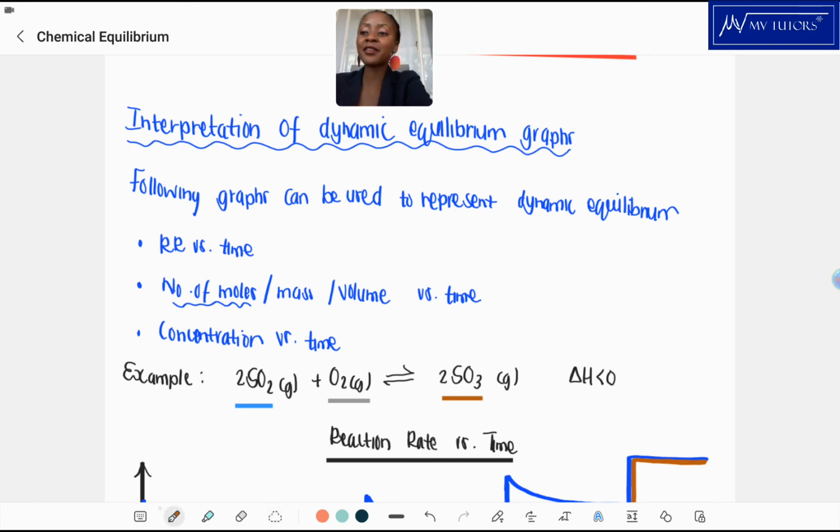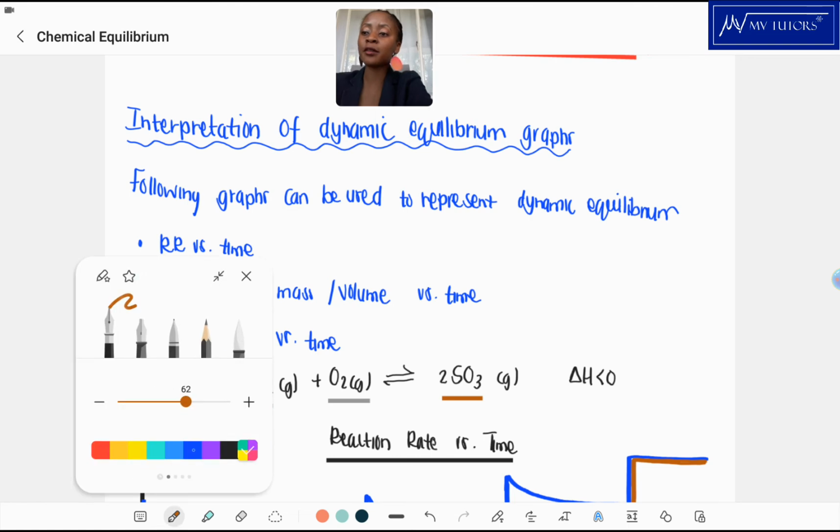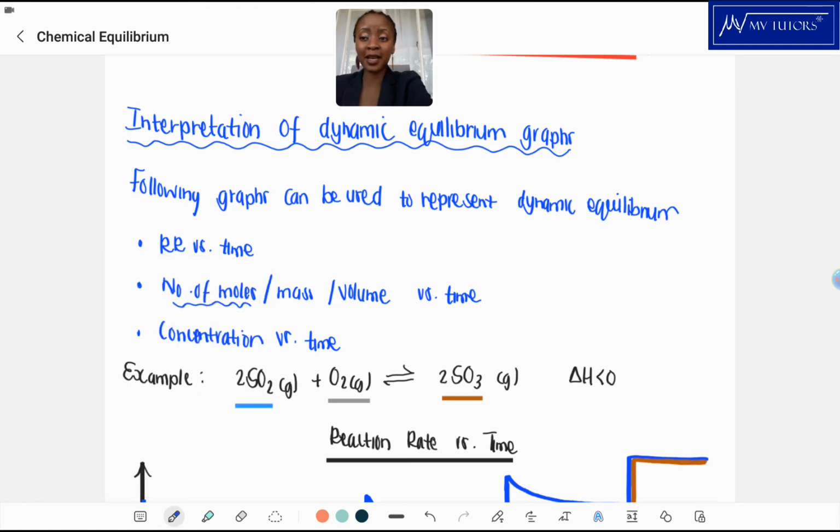I have an example here of sulfur dioxide plus oxygen giving us sulfur trioxide, and as you can see, the reaction is exothermic. We're going to look at the 3 types of graphs and see what will happen if we apply a change in temperature, a change in concentration, a change in pressure, as well as a catalyst.